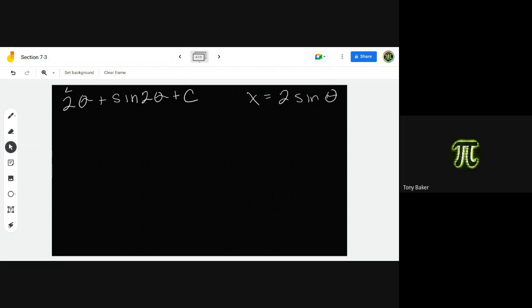I have what x is, but I need to know what theta is. So let's solve that for theta. I have x over 2 equals sine theta. And then theta equals, let me keep theta on the same side. So the arc sine of x over 2 is theta.